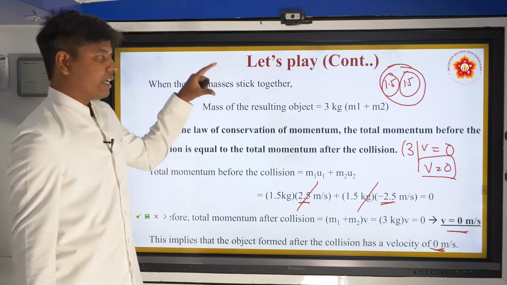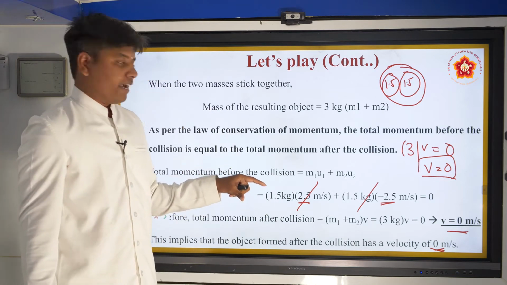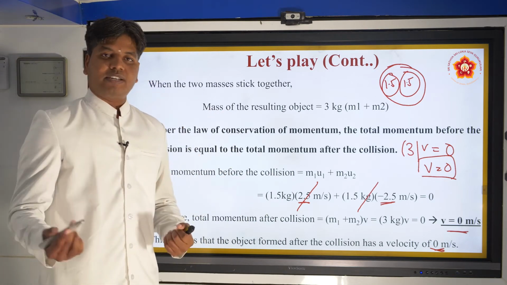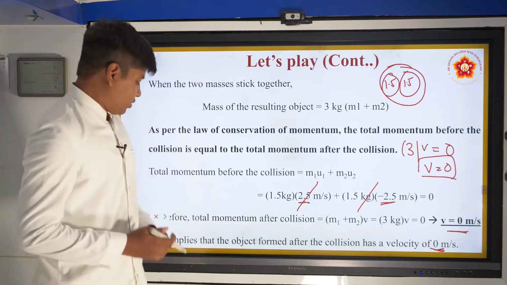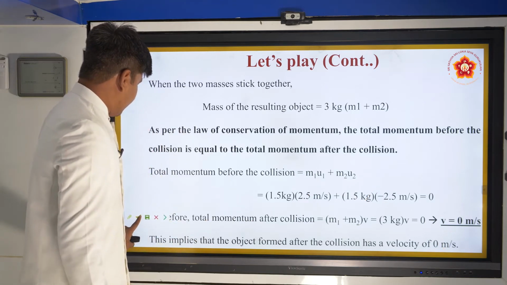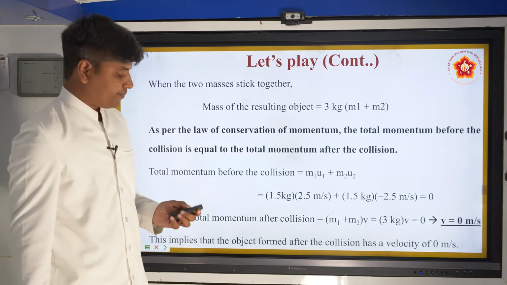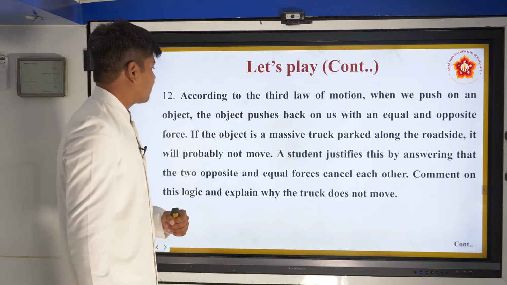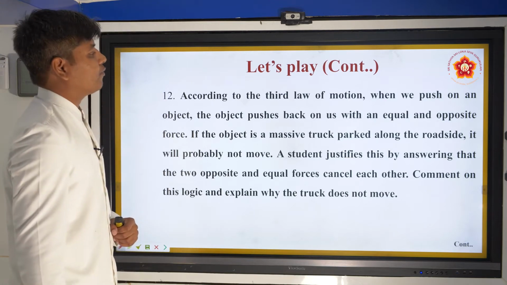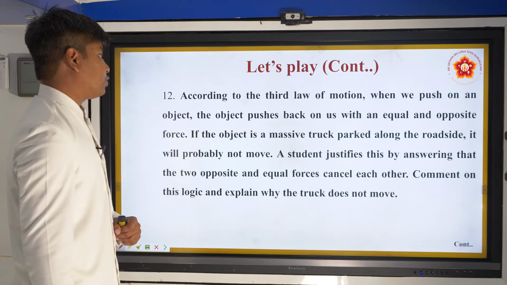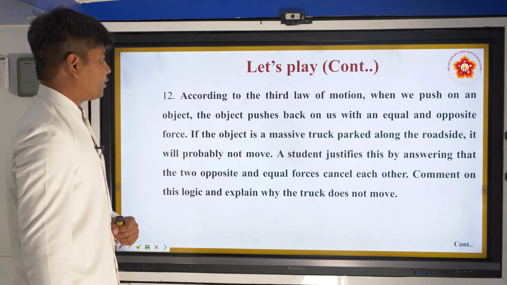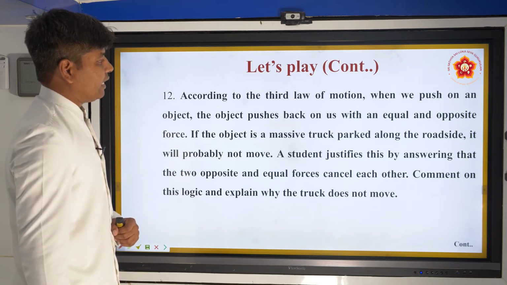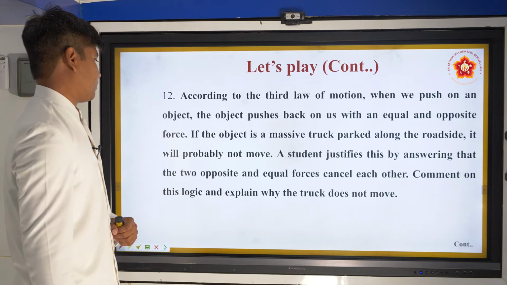I guess everybody followed this, and you have already worked it out before me. So now let's go to our next problem. What is the problem? According to the third law of motion, when we push on an object, the object pushes back on us with an equal and opposite force.